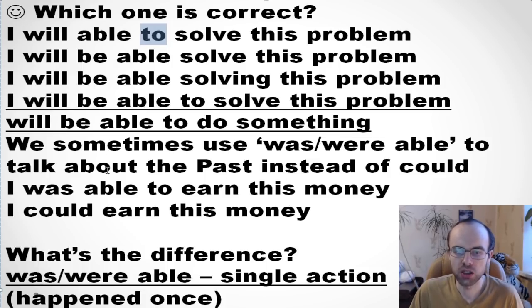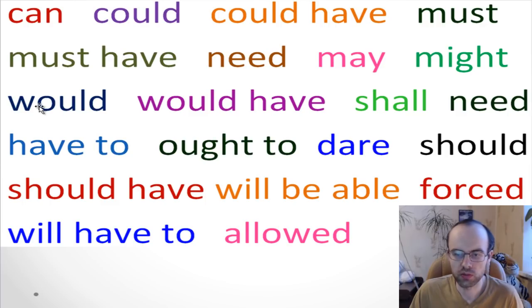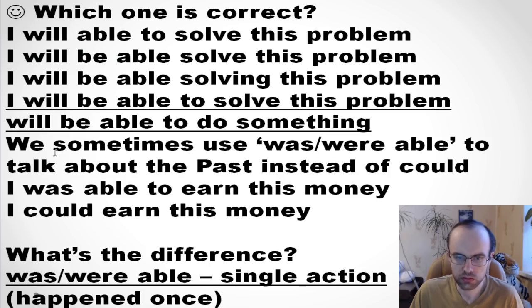Good. Okay, you know, students often ask me, okay, so we can, use could, will be able, but what about be able? Can we use it when we talk about the past? Yes, it's possible. Sometimes it's possible.